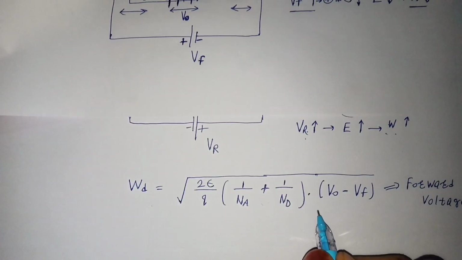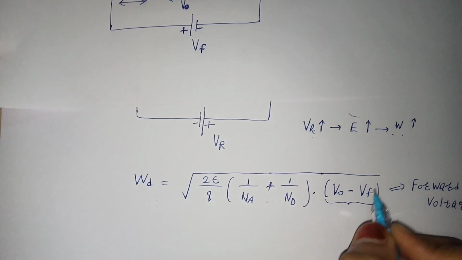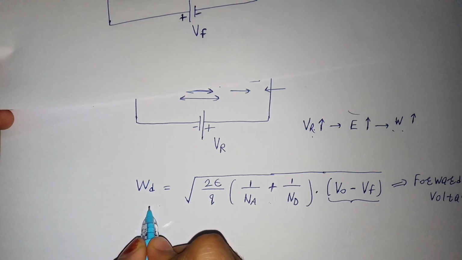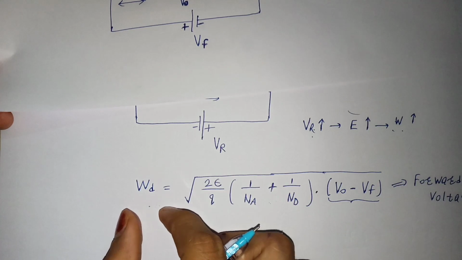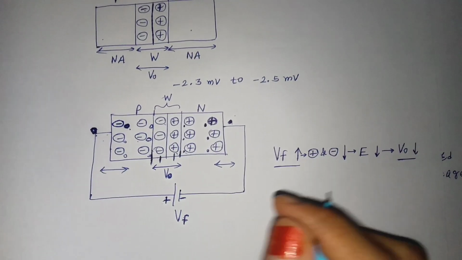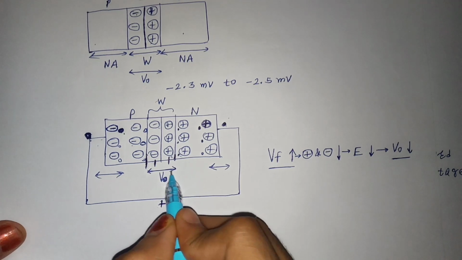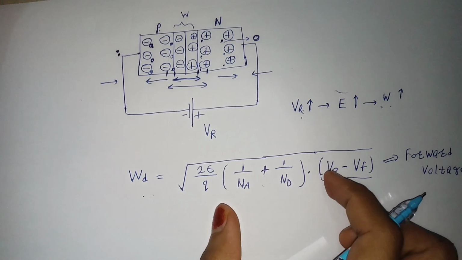Check. If Vf increases, then this whole term decreases. This decreases means indirectly this Wd decreases. Let's check here. This Wd decreases from this to this, means this is correct.